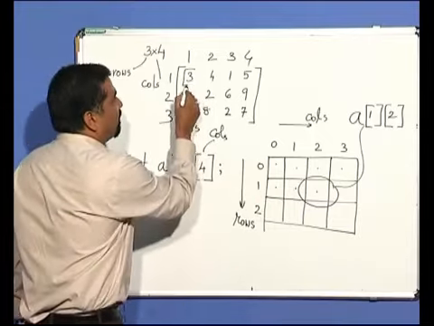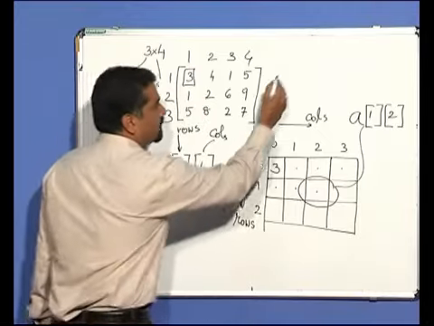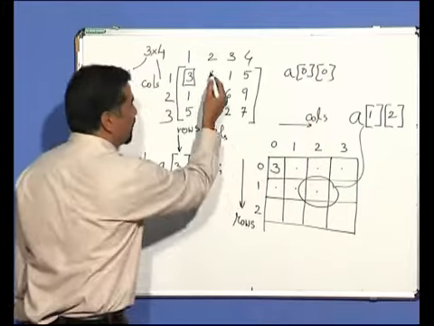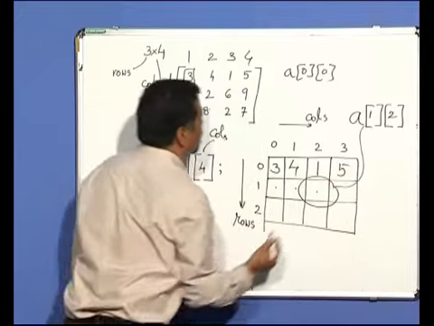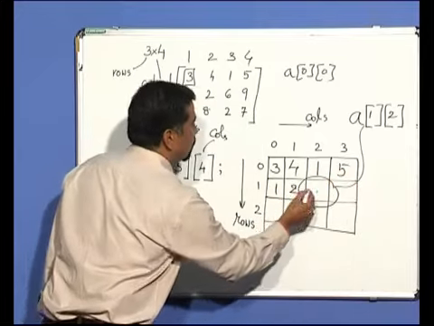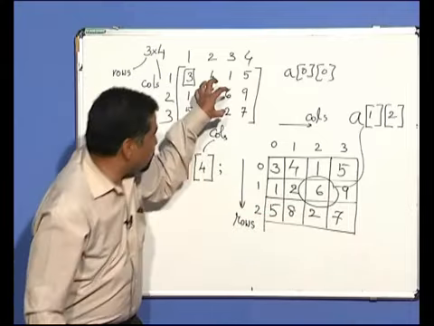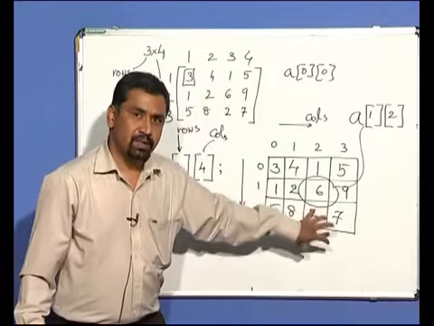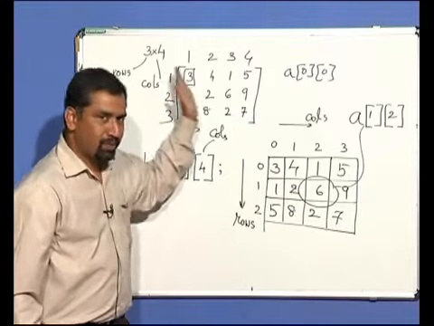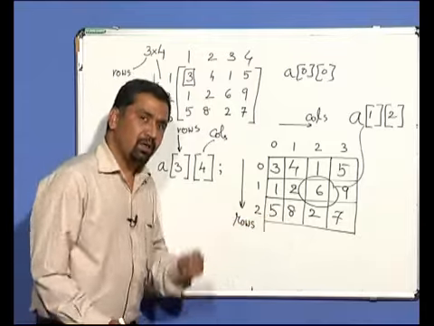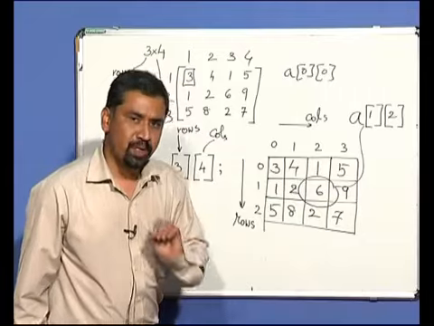Obviously the value 3 here will correspondingly get stored in A[0][0]. In the same way 4 will get stored here, 1 will be stored here, 5 we will store here. Likewise, the storing of values inside the two-dimensional array corresponding to this matrix would be like this. Obviously there is some change in indexing because in mathematics we start the indices with 1, but in C we start with 0. According to that, the location of the element has to be accessed.